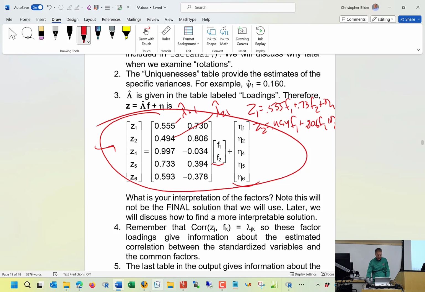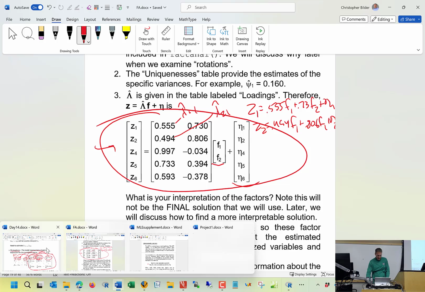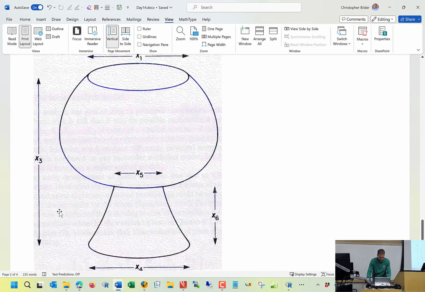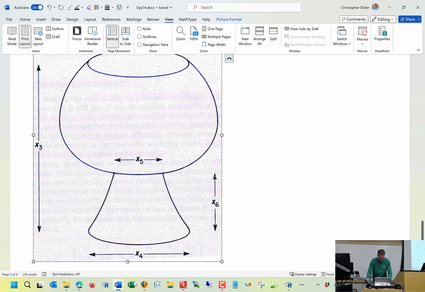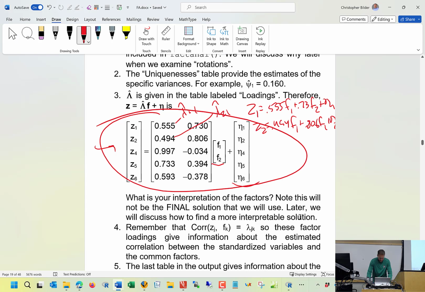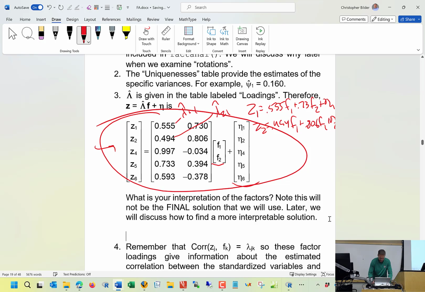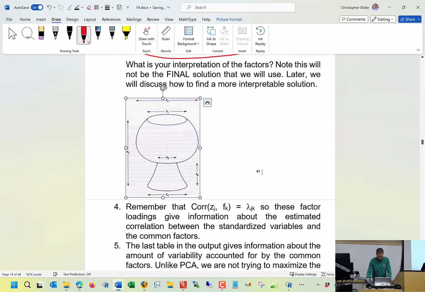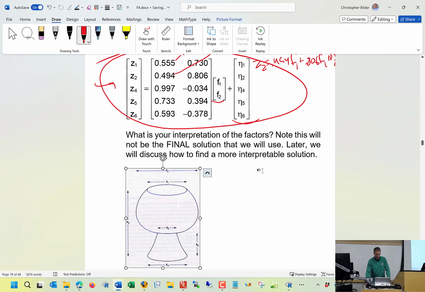Relative to the goblet. So let me actually get that goblet. There we go. Yeah, it's kind of small. So X1 and X2 are at the top of the goblet.